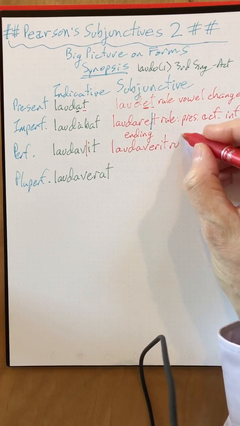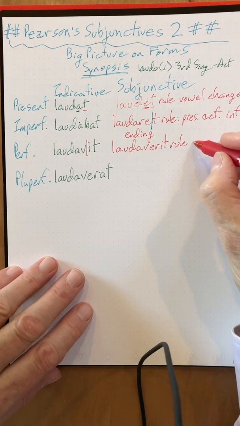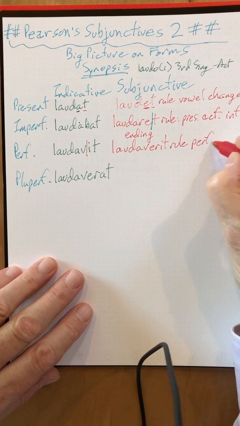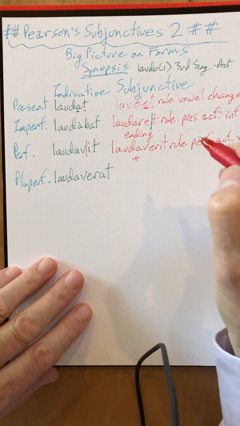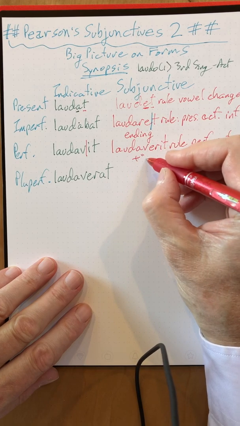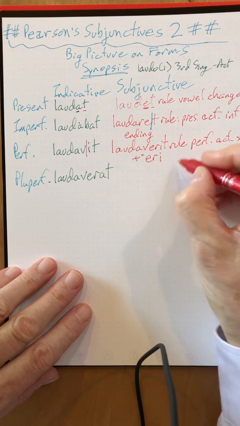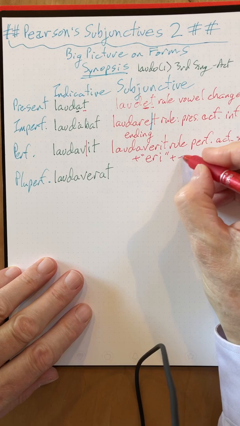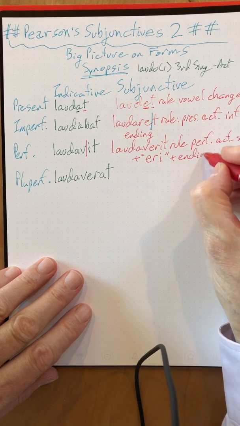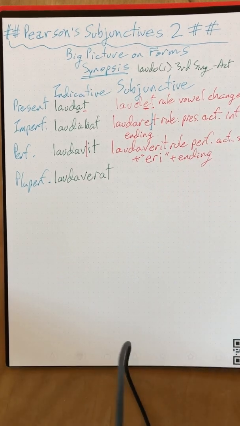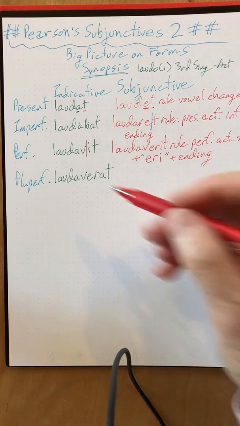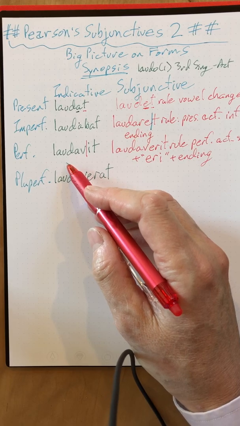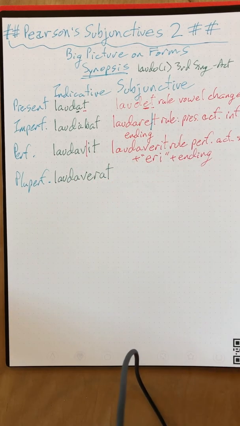Rule: perfect active stem plus E-R-I plus ending. That's the rule for the perfect active. A little different for the perfect passive because, think about the indicative, it's laudatus est. So that really switches up.